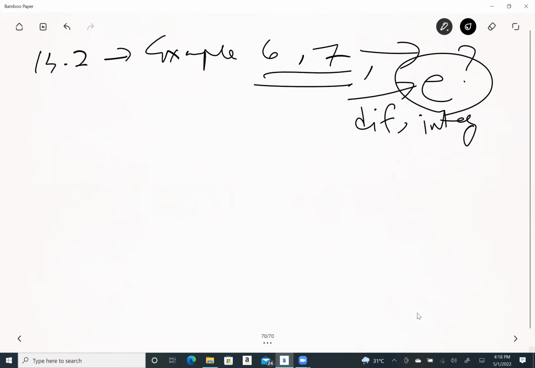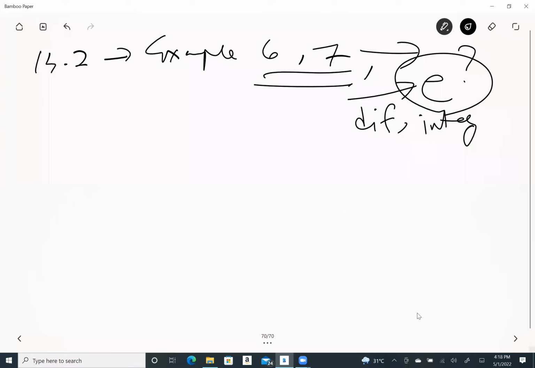What I would like to look at next is 13.4. Another application is 13.4. You have also here present value, so we cannot do that now. We will do e first, and then I will come back to that.